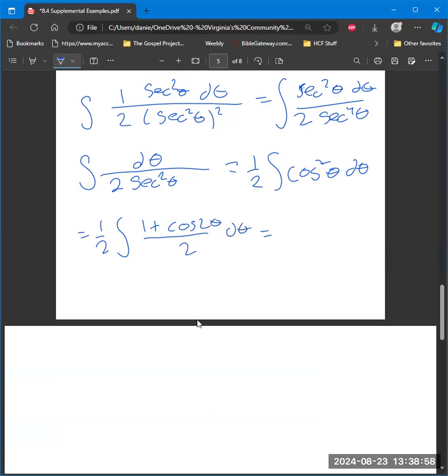D theta is 1/4 of d theta plus 1/4 of cosine of 2 theta d theta. So that's going to be 1/4 of theta plus, and I need a 2 and a 1/2 here. So that's 1/8 of sine 2 theta plus c.